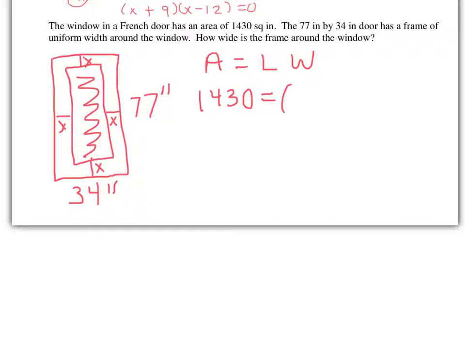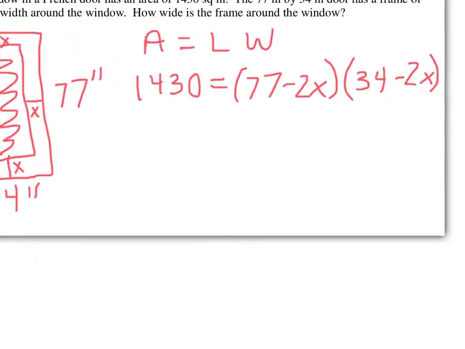So the length of our window is going to be 77 minus 2x. What about the width of the window? The width of the door is 34 inches, and we need to subtract the frame on the right and on the left. Subtract our 2x.